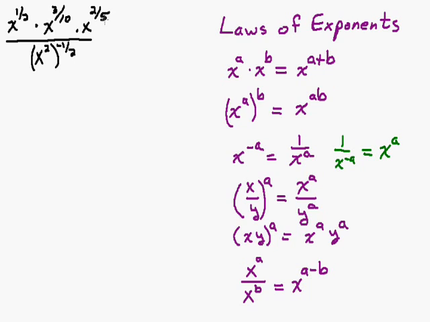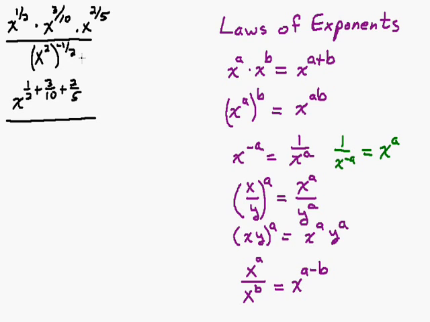I need to add all these fractions, 1/2, 3/10, and 2/5. Let's go ahead and write that out. X to the 1/2 plus 3/10 plus 2/5. I still have to figure this out, but we'll just write that down for now. We'll figure it out in a minute. In the bottom, let's look at these rules. What do you think? X squared to the negative 1/2.